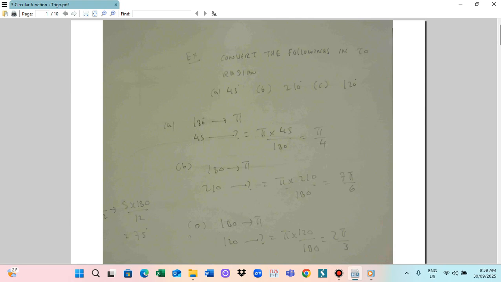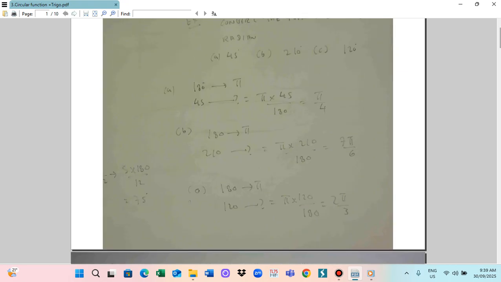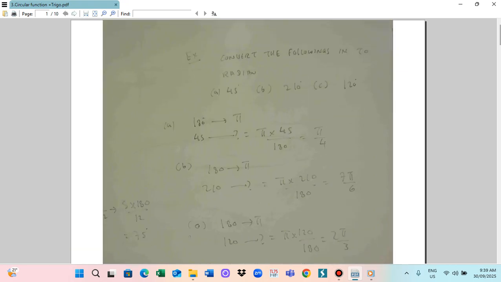And 90 degrees will be pi by 2 radians. And 270 degrees means 3 pi by 2 radians. So this is how we do the conversion. For radian to degree conversion, we use 180 degrees is pi radians. So pi by 4 means you multiply with 180 divided by 4, which is 45 degrees.